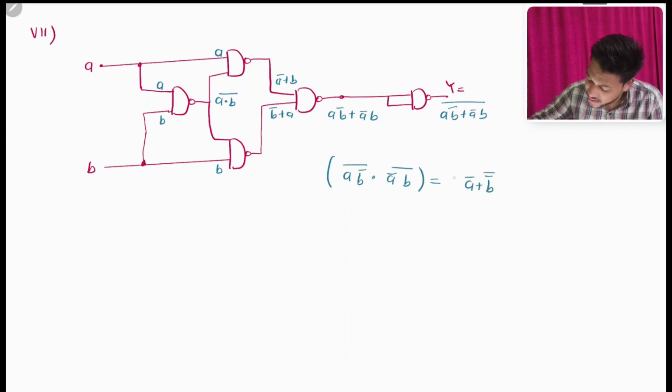(A bar) bar, B double bar, A double bar plus B bar, and it will be B, it will be A. Now multiply. A dot A bar will be 0, A bar B bar plus AB, and B bar B will be 0, so it is nothing but A XNOR B.